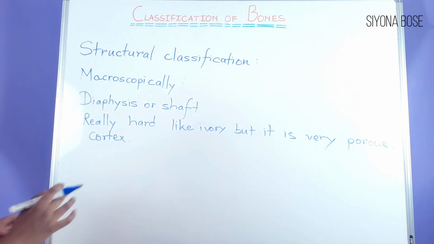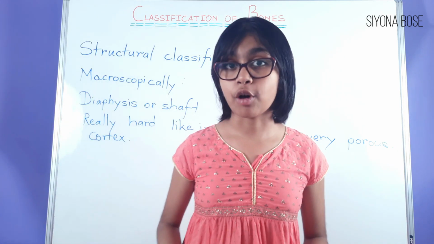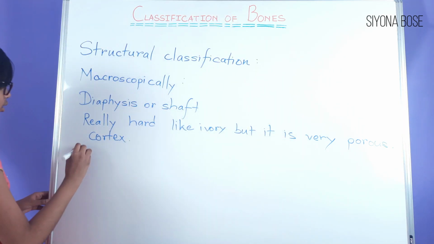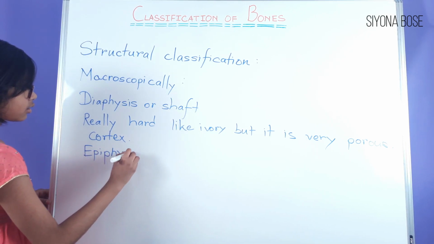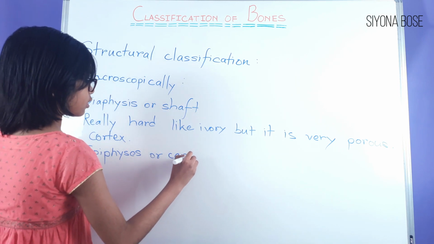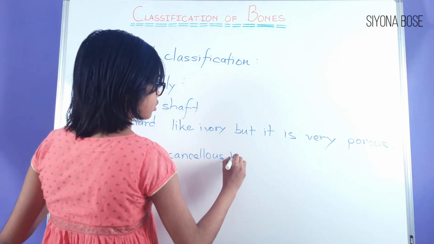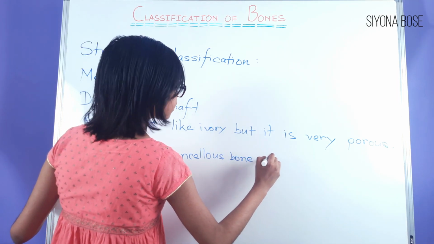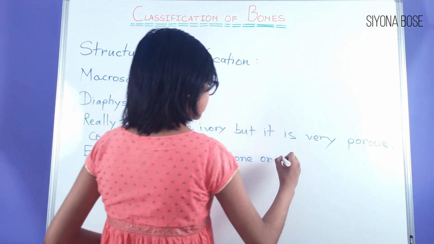Not much to talk about, but now we will move to the cancellous bone or the epiphyses. We can also call it trabecular bone, and I'll tell why.